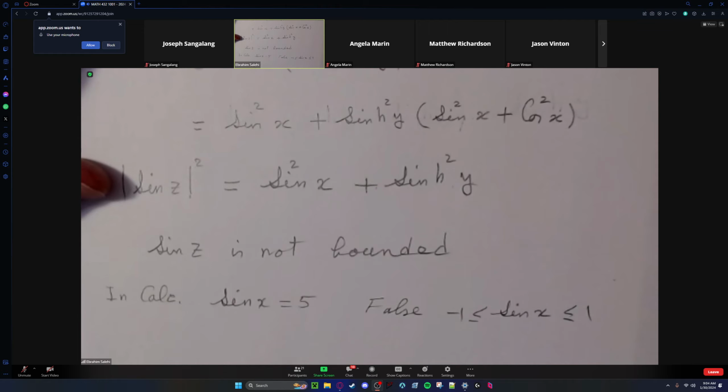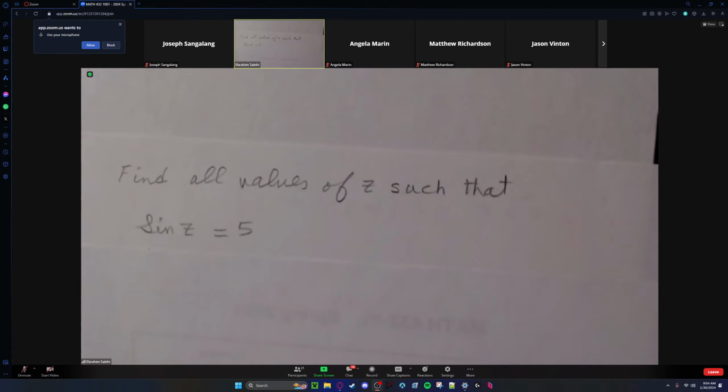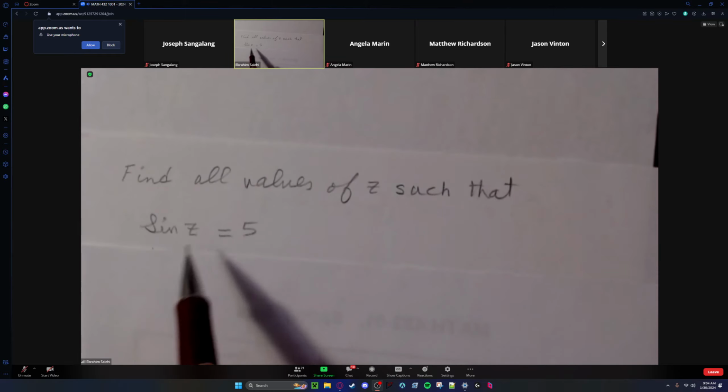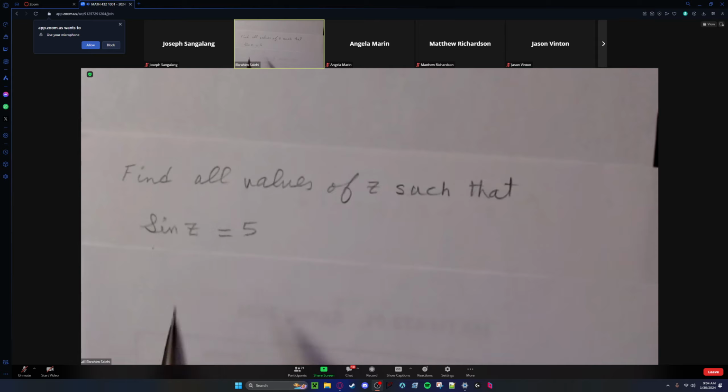That was in calculus. But in complex, things are different. In complex, can we find a z such that sine of z be 5?